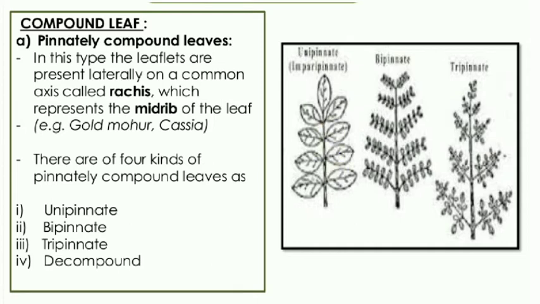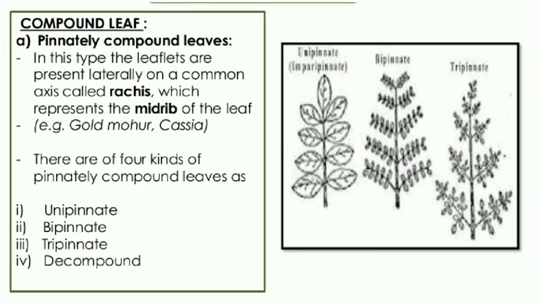In the case of bipinnate, you can see in the second diagram, the rachis has produced smaller branches and the leaflets are produced on the branches, but there is only one level of branching. So there is a midrib, on the midrib small branches are produced, and on these branches leaflets are produced on either side.